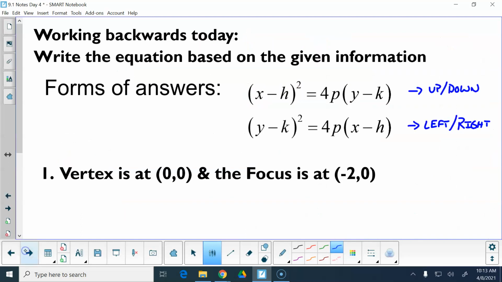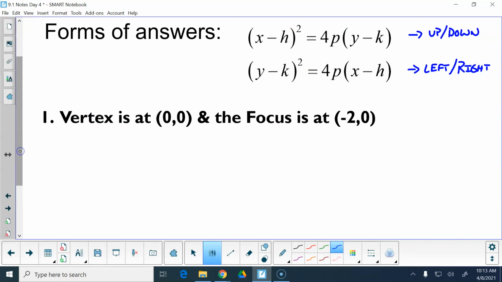And so what you need to do is figure out what you've got going on there. I would suggest that you draw yourself a mini graph, but it doesn't have to be on graph paper. You understand what I'm saying? So it says here that the vertex is at the origin. So my vertex is right there at the origin.